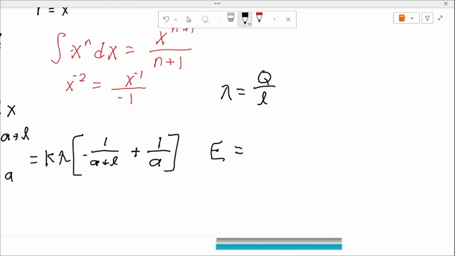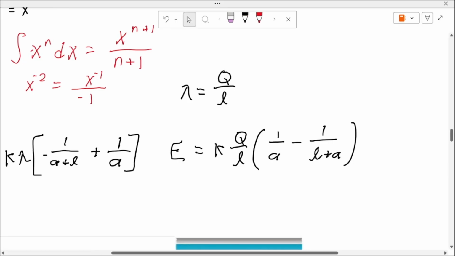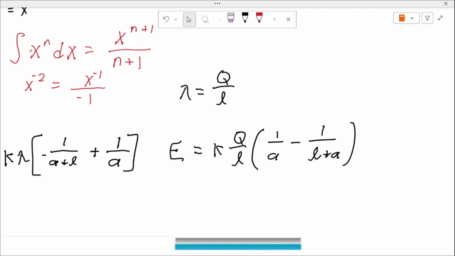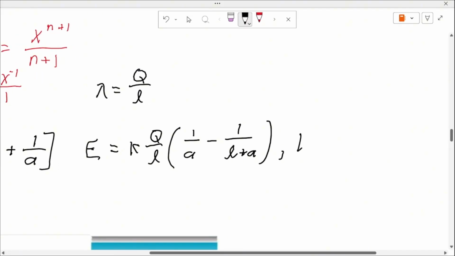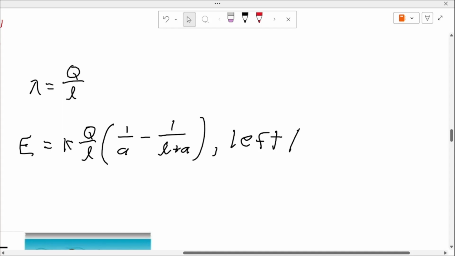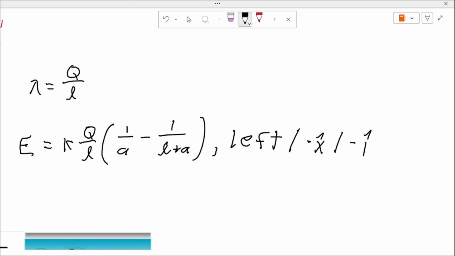So E equals Coulomb's constant times Q over L, parentheses, 1 over a minus 1 over L plus a. And the direction is left, slash, negative x, slash, negative i hat.